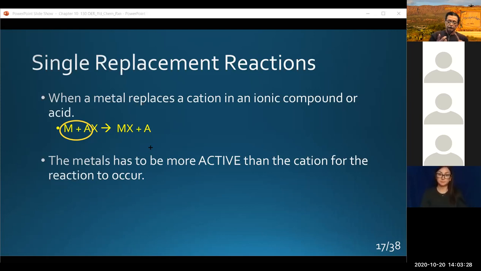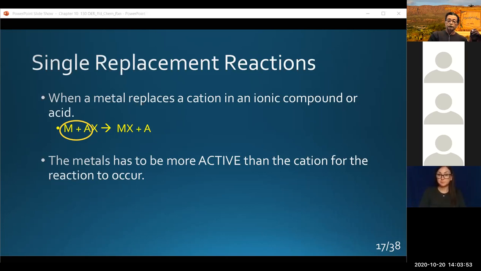So first question, which metal is most reactive based on the activity series on the periodic table? Second question, is the most reactive metal in ionic form? If you answer yes, it's in ionic form already, then no reaction proceeds. If you answer no, reaction proceeds, okay?